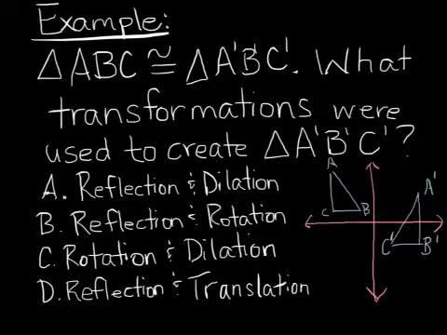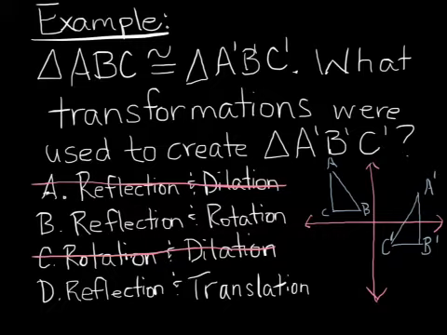Well, you automatically know that two of these choices we can eliminate because two of the choices say dilation, and we can't create congruent figures with dilations. Remember, dilations make figures smaller or bigger. So those two choices are automatically gone.